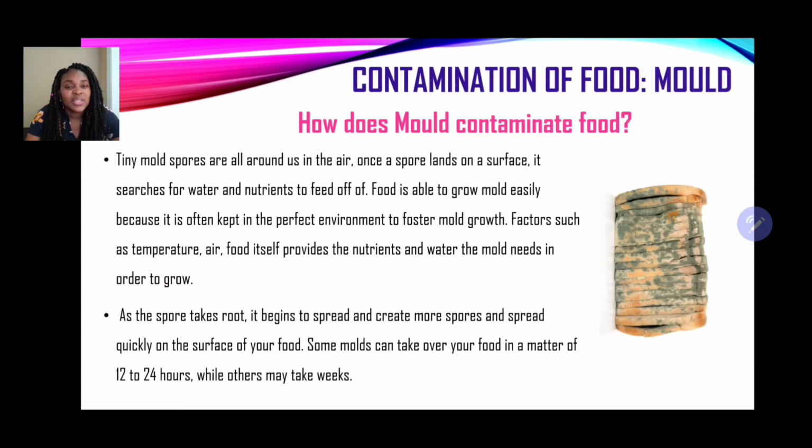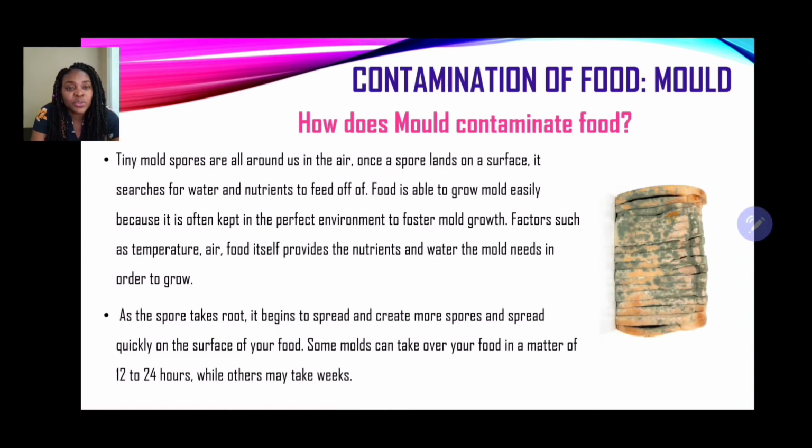All right. Now, let us look at how mold contaminates food. Tiny mold spores are all around us in the air, right? Let's just put that out there. But it's not so much that we would be harmed by it, right? Just to be clear, it depends on the amount. Once a spore lands on a surface, it searches for water and nutrients to feed off. So if the moisture is right and the food product is there, then they will get the nutrients from it.